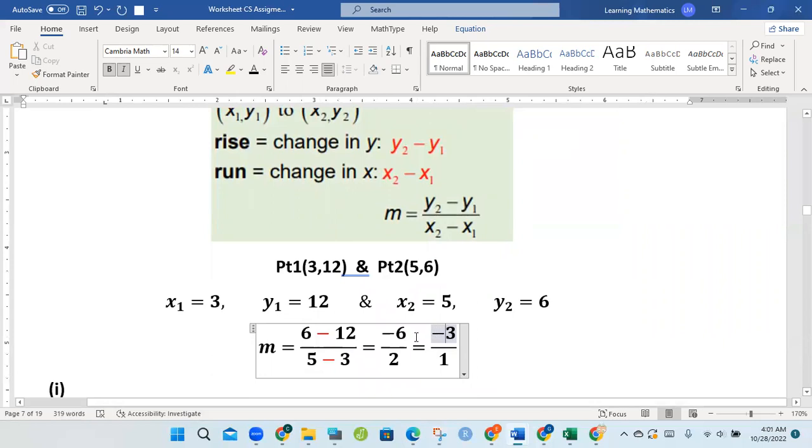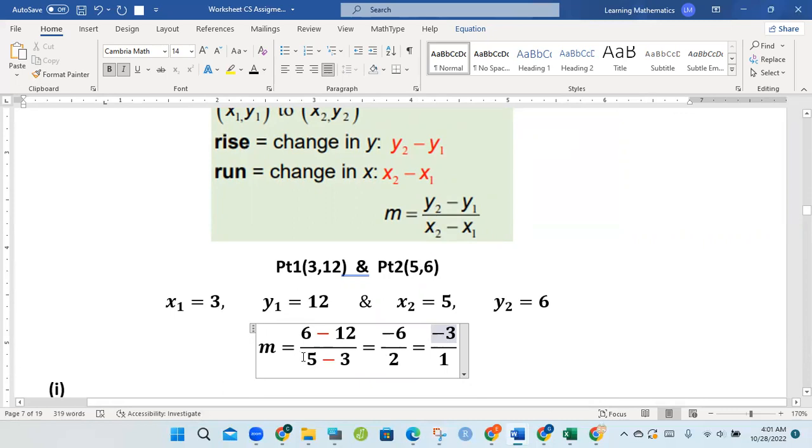As one of the definitions for gradient, remember the denominator is x2 minus x1, the way that x is changing. So when x is increasing by 1, y is decreasing by 3.